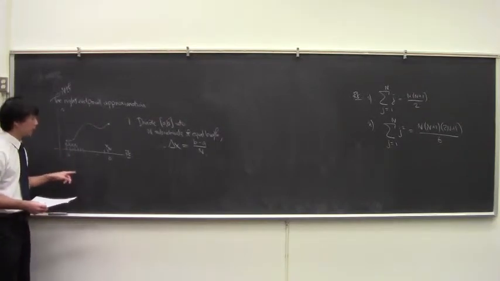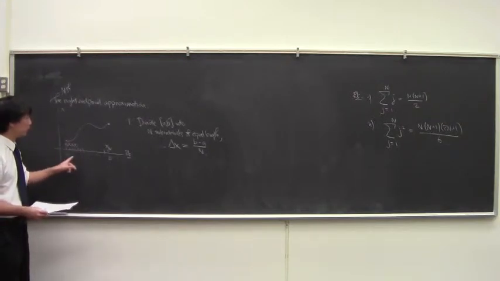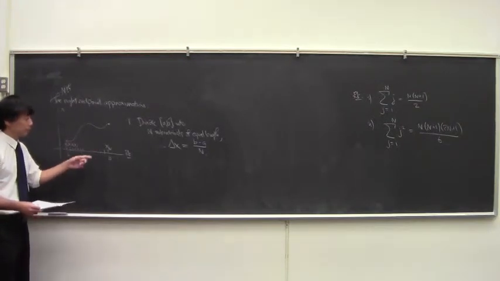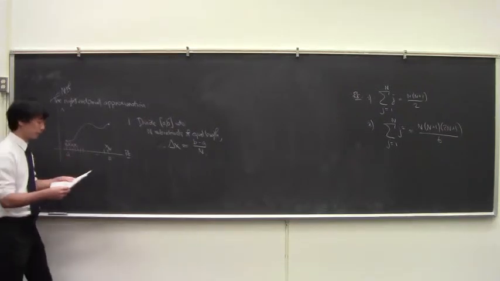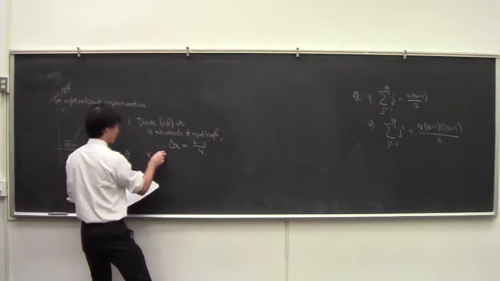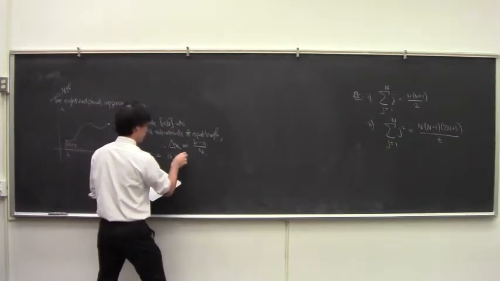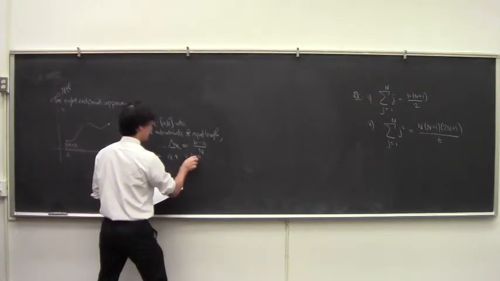So x0 is a, x1 is a plus delta x, and xj is going to be a plus j times delta x.